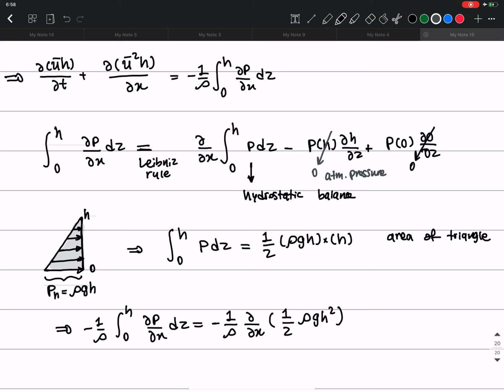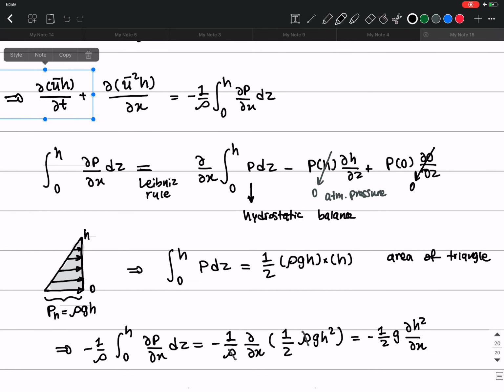Because rho is constant here, it just cancels out, and g is a constant so I can take it out. So I have minus 1/2 g partial h squared over partial x.